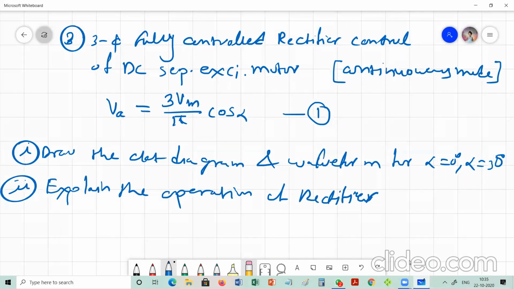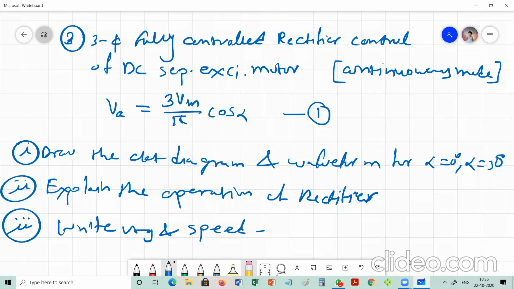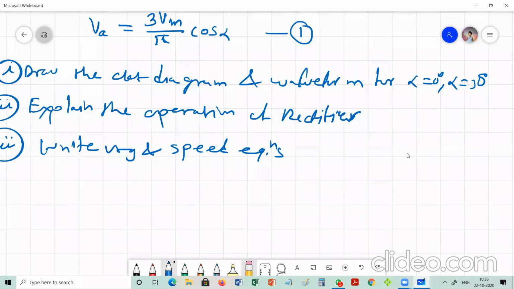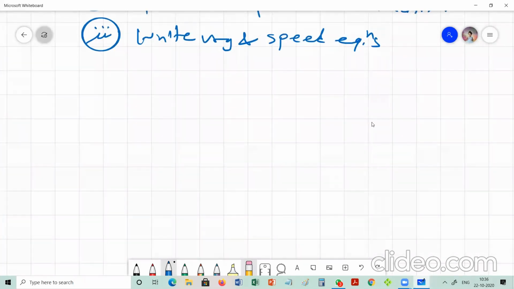Third step, write the voltage and speed equations. Only these steps you have to follow for any type of drive. No need to remember the current equations.